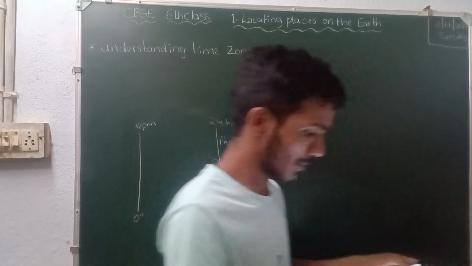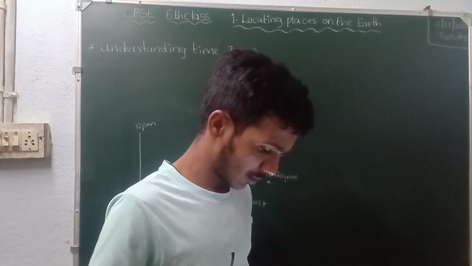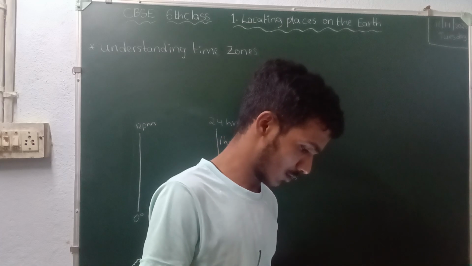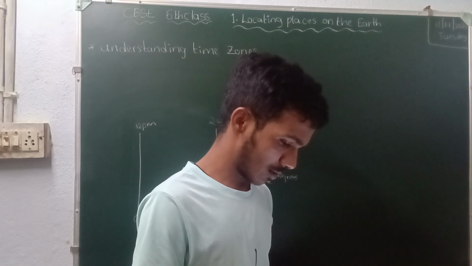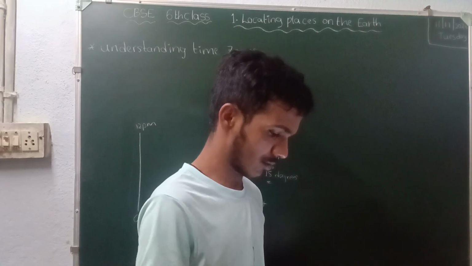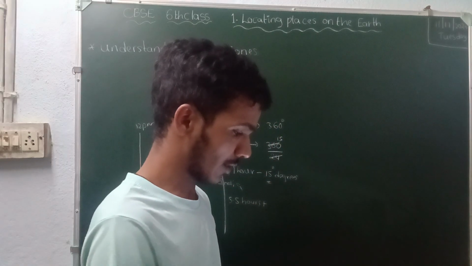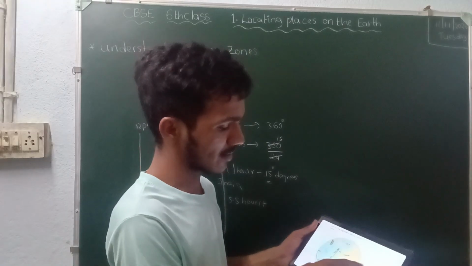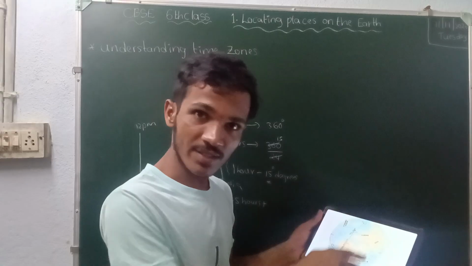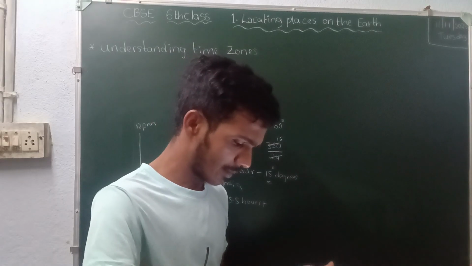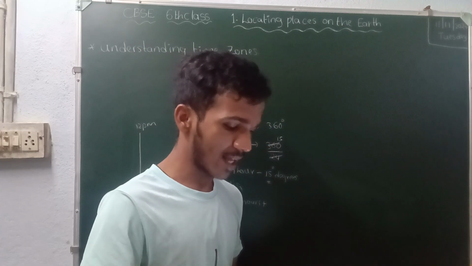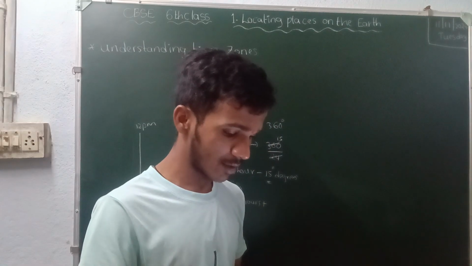Again, here is the concept. Actually, our longitude lines are straight lines. Here we can see that our longitude lines are straight lines. But some of the countries have reset standard times.